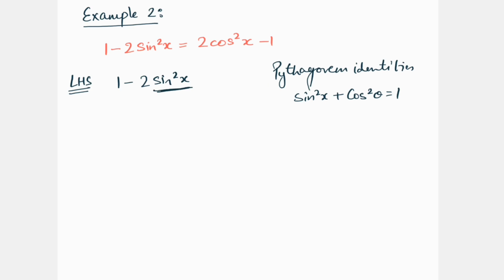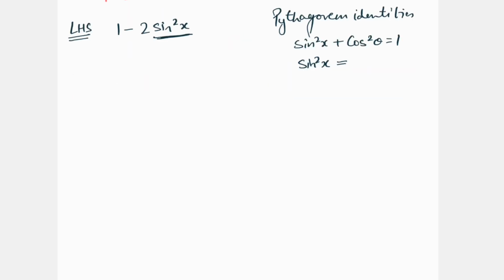So here we'll substitute the value of sine square x. Sine square x equals 1 minus cos square x. So 1 minus 2 times the bracket 1 minus cos square x.